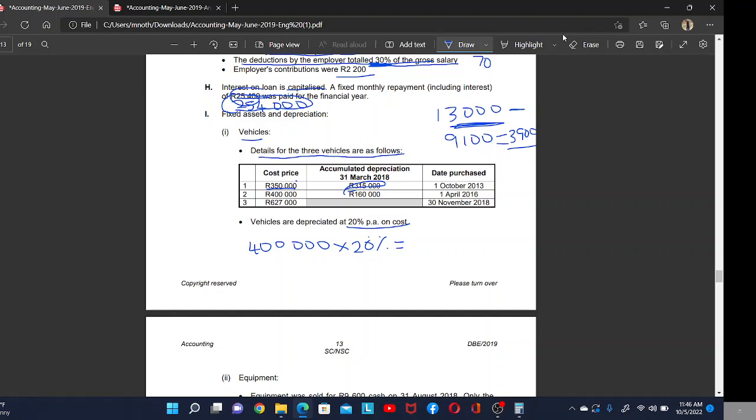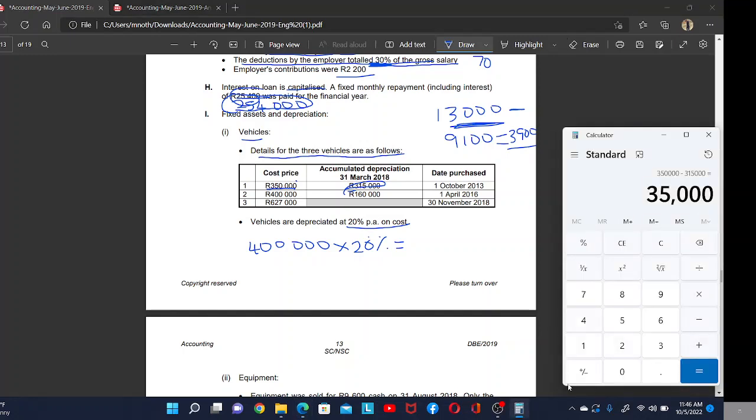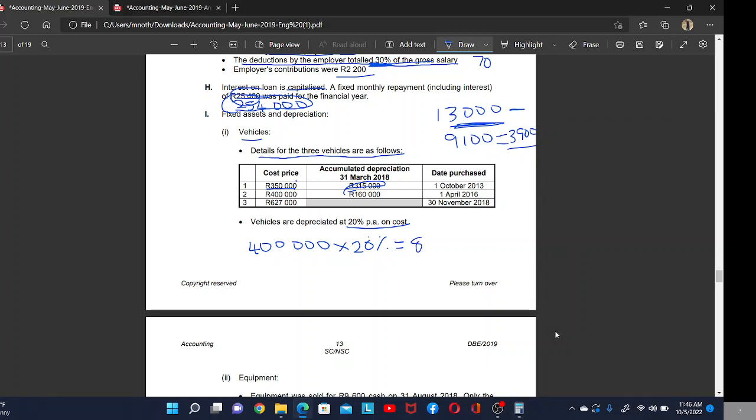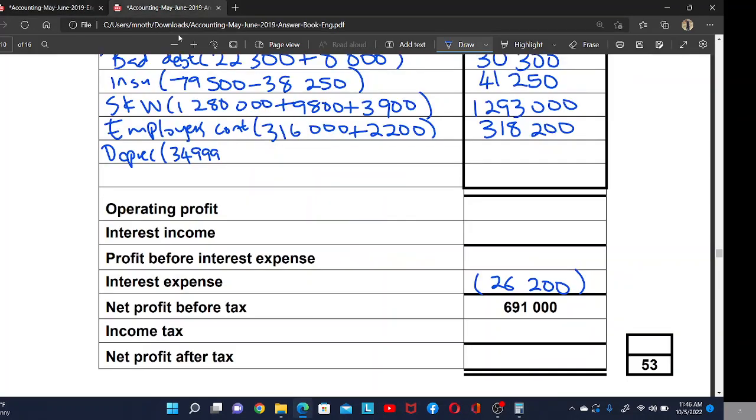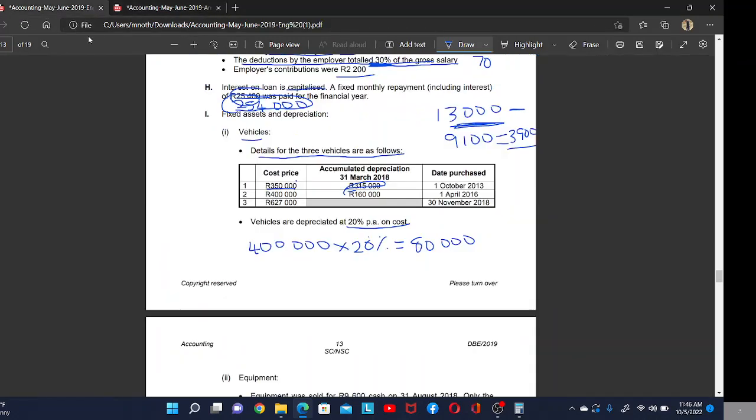So 400,000 times 20 divided by 100 is equal to 80,000. This is our depreciation, plus 80,000.